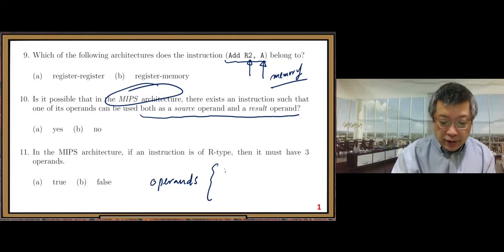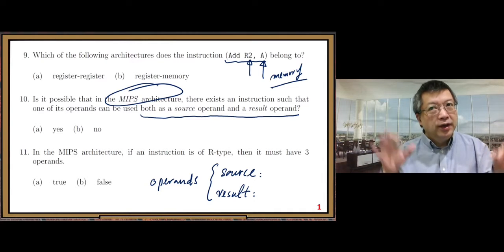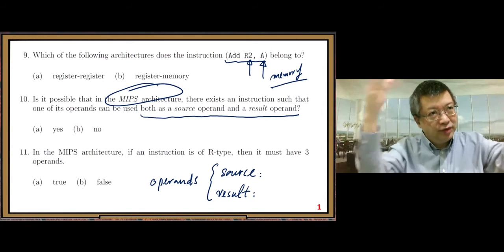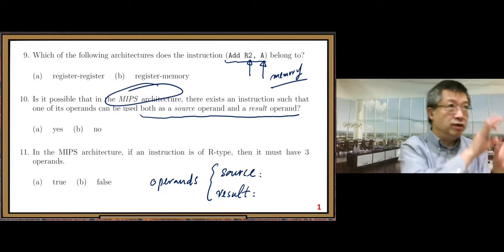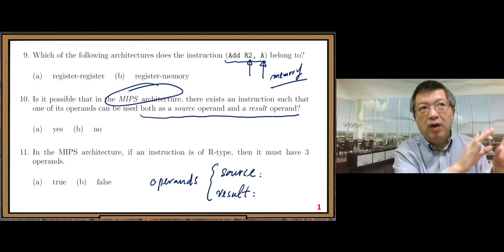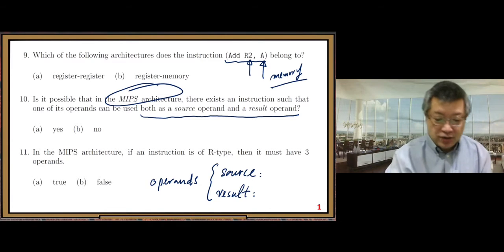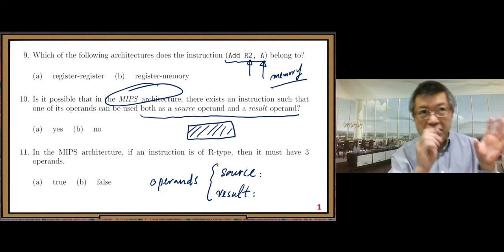When you look at that, source operands and result operands, you need to count both. Source, the values come from the source, input, right? Result is output. Why do we still call the result output also an operand? Because when we look at the instruction, we have the instruction code, the instruction operator.